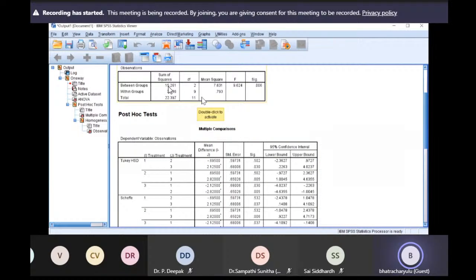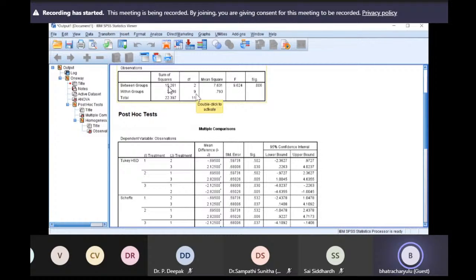In total there are 4, 5, and 3, that is 12 observations, so 12 minus 1 is 11, and within groups 12 minus 3 is 9 degrees of freedom.